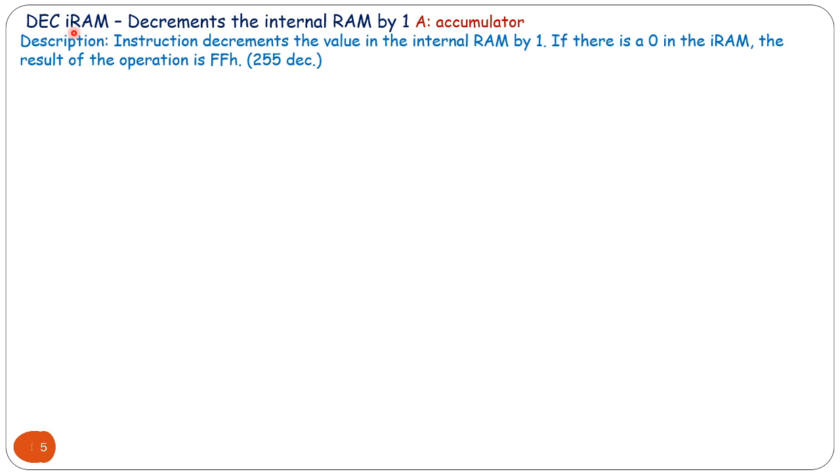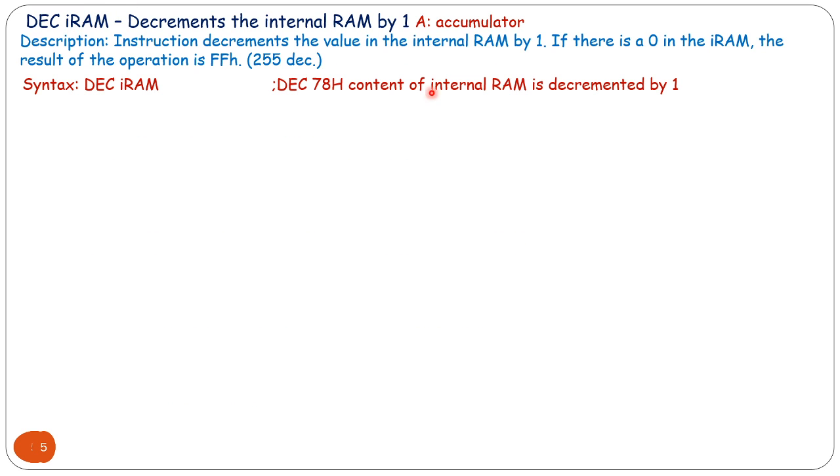Decrement IRAM instruction, decrement the internal random access memory by 1. The instruction decrements the value in internal random access memory by 1. If there is 0 in random access memory, the result of the operation is FFH, 255.